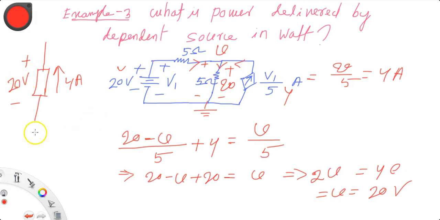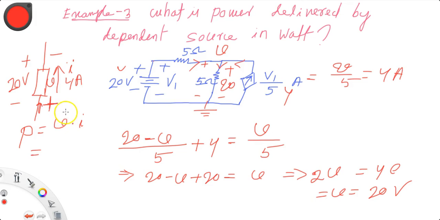So power is equal to, let's say this is your V and this is your I, V into I. By convention, the current entering the terminal is the positive current I, and the terminal where the current enters becomes the positive terminal, so positive voltage.